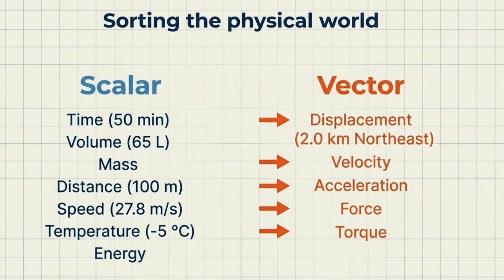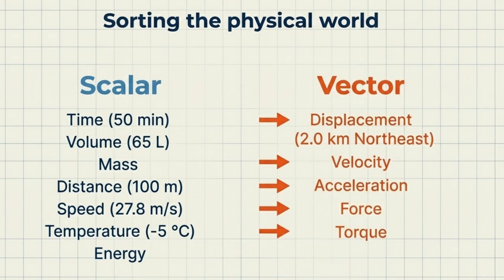When we look at the physical world, we can organize different quantities into two main types, scalars and vectors. Scalars are values that only have magnitude, like time, volume, mass, distance, speed, temperature, and energy. For example, time might be 50 minutes, or distance might be 100 meters, just a number with no direction.